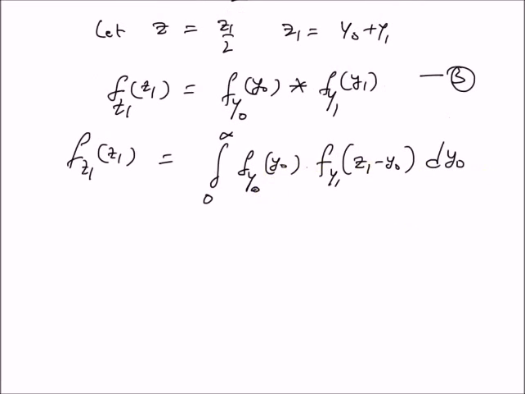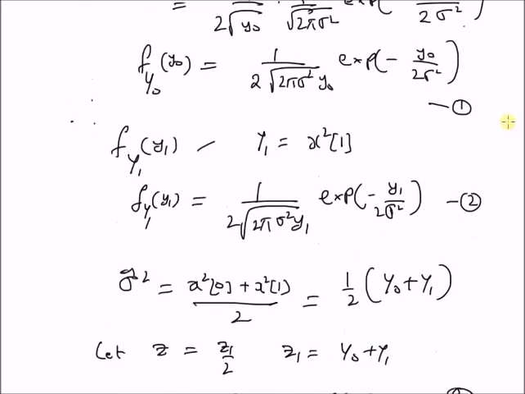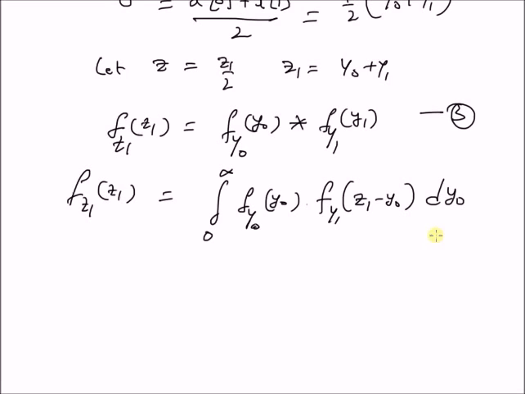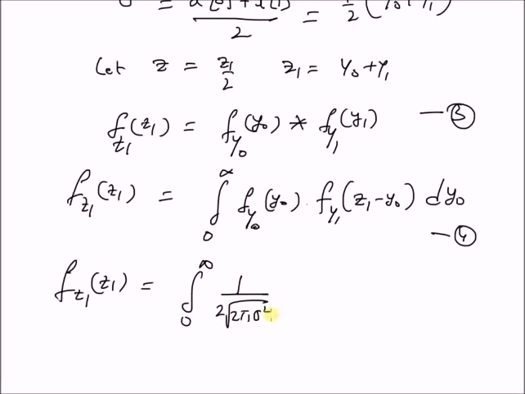So by using the results from equations 1 and 2 in the definition of the probability density function of z1, that is equation 4, we have fz1 of z1 equal to the integral from 0 to infinity of 1 by 2 times the square root of 2 pi sigma square y0, multiplied by exponential of minus y0 by 2 sigma squared.